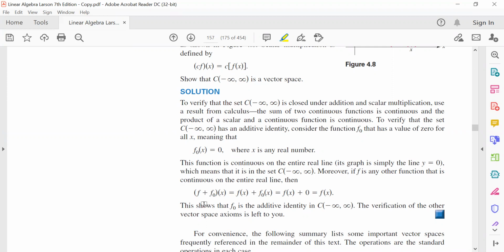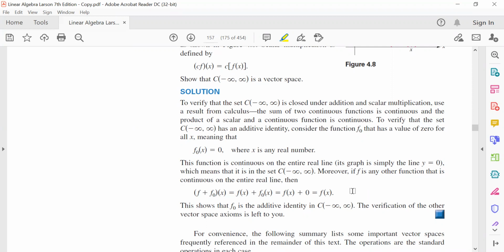Here you see that if I add the zero function onto another function f of x, I get f of x plus f naught of x, which by definition is f of x plus zero, which is plain f of x. So the zero function does serve as the identity element of addition.